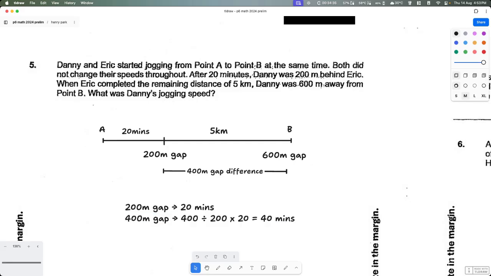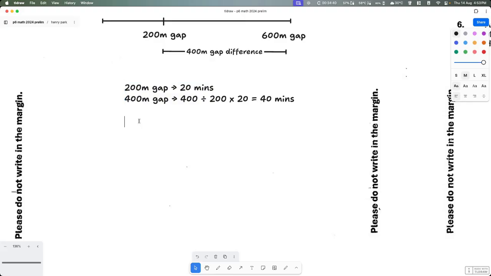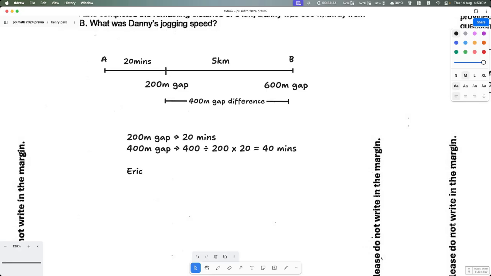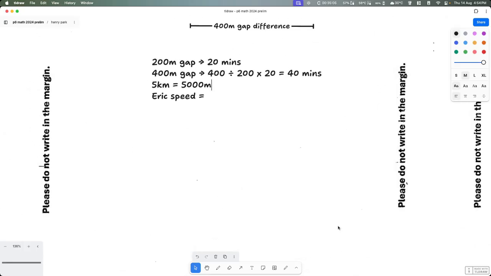So that means Danny, the faster one, or Eric, sorry, Eric. So Eric's speed in this case, 5 kilometers is equal to 5,000 meters, because we need meters per minute.